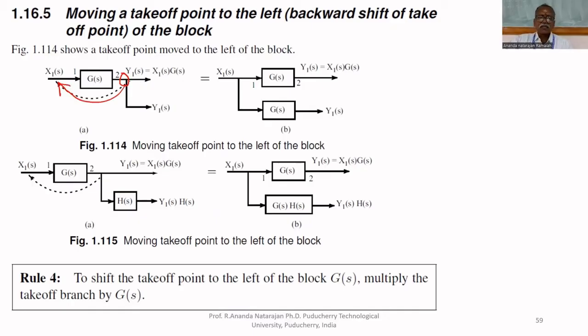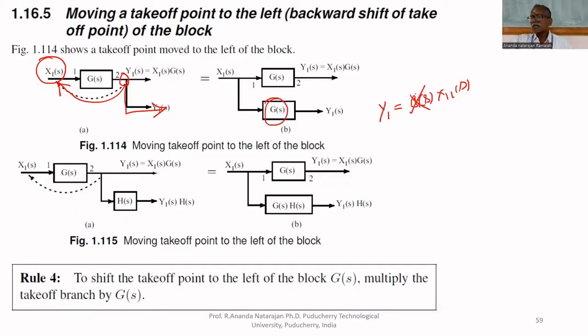In that case, it is already amplified by G of S. The x1 of S is already amplified by G of S. Here, what will you get? Here, y1 equals G of S multiplied by x1 of S. But if we shift that, G of S will not be there. That's why we have to multiply again by G of S.